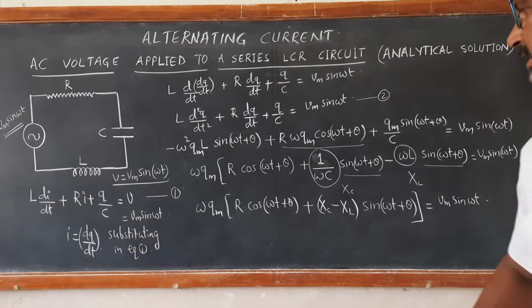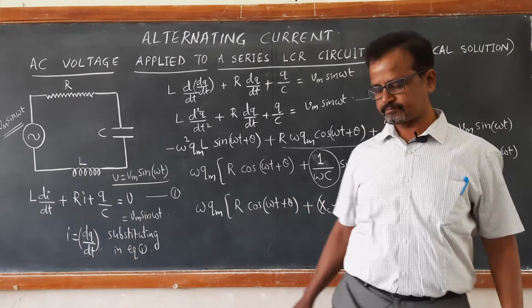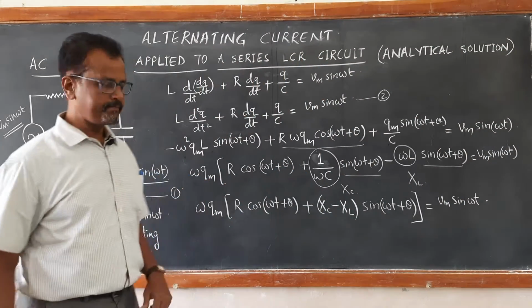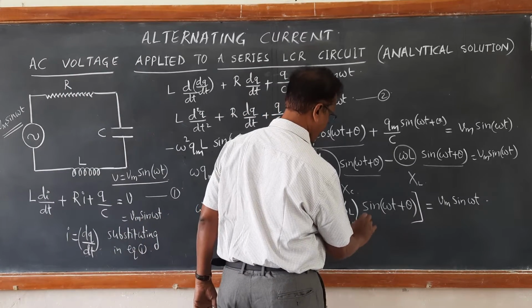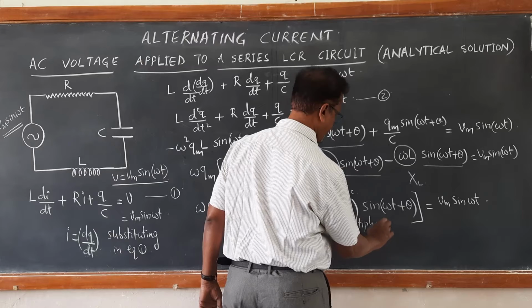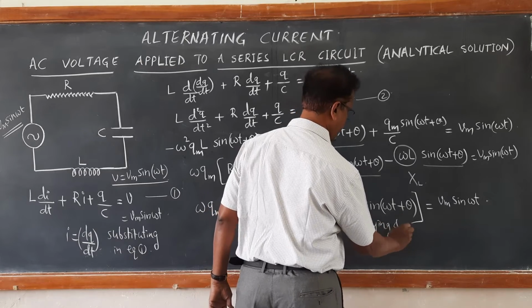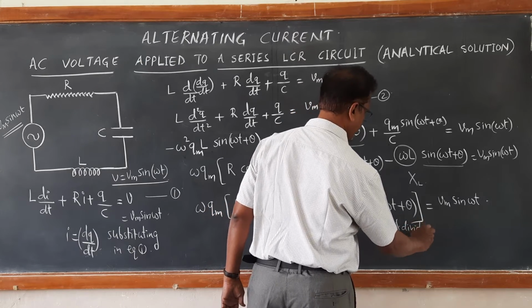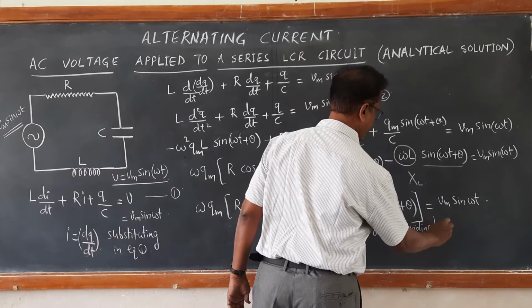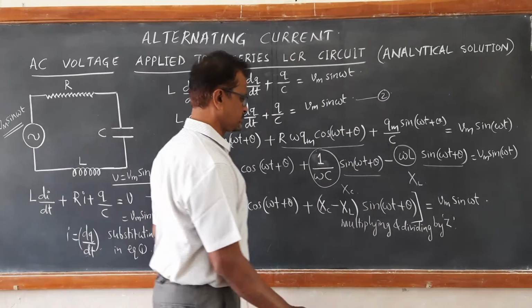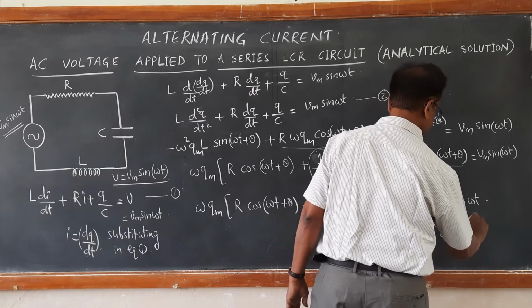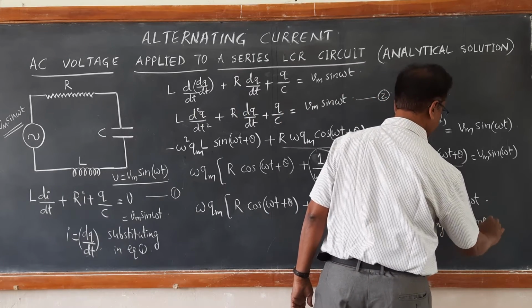Now let us multiply and divide by Z, where Z is the impedance, as we have learnt earlier.